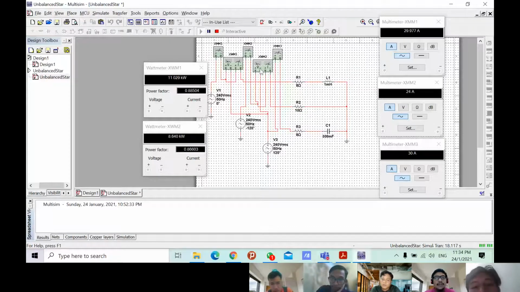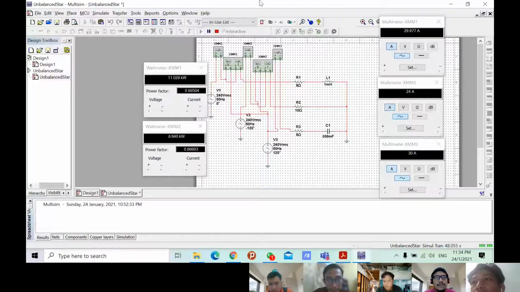The total for these two is around 19 kilowatt, and it is approximate to the calculation, which is above 20 kilowatt. It tallies with the calculation. So that's all. Can you guys understand?